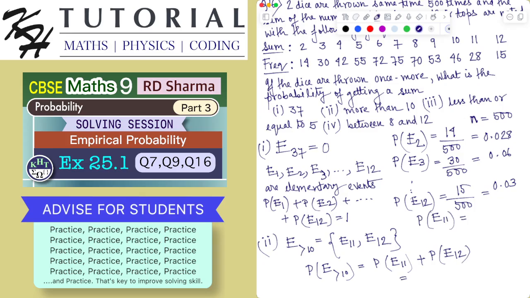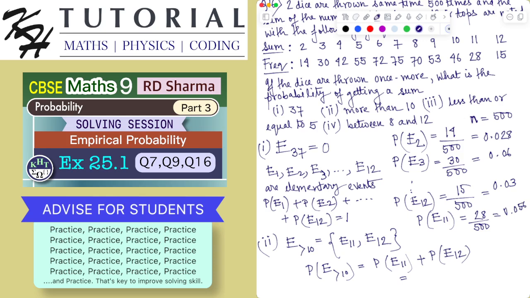E11 based on the empirical formula will be 28 by 500, which is 0.056, and E12 we know is 0.03.